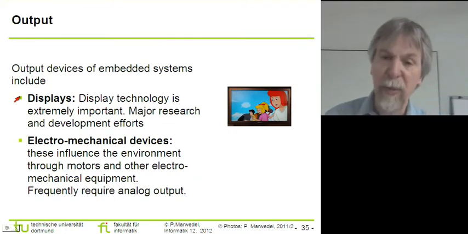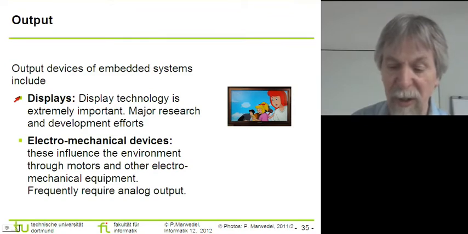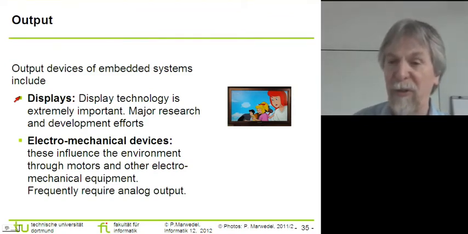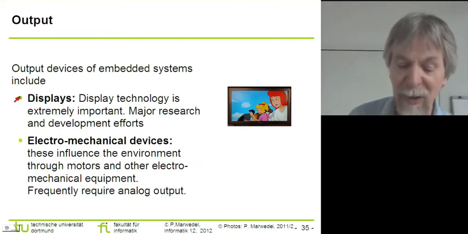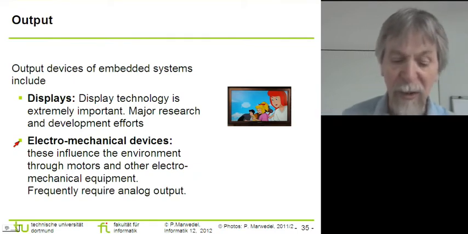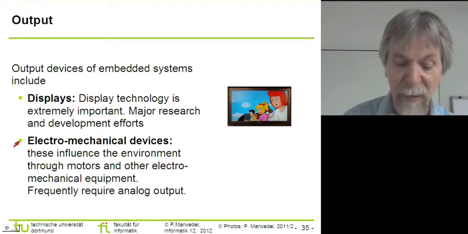We know that display technology is a very interesting technology where there are lots of developments going on. We could have a separate course just on display technology, so obviously it's hopeless to discuss all the different display technologies in this course. And also the output devices include electromechanical devices that can have an impact on the physical environment.